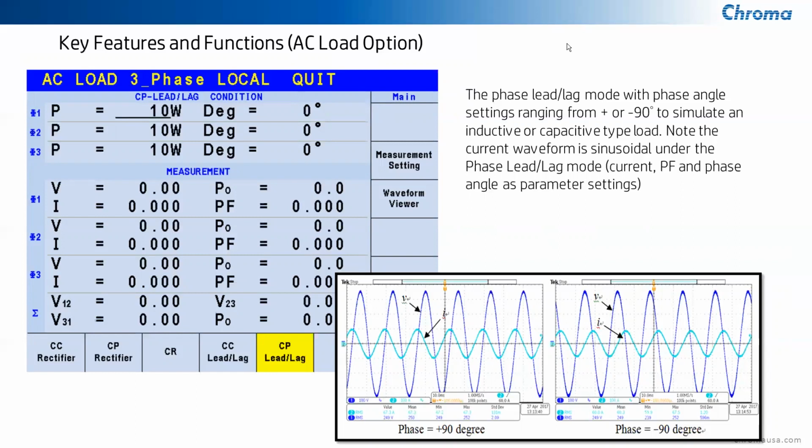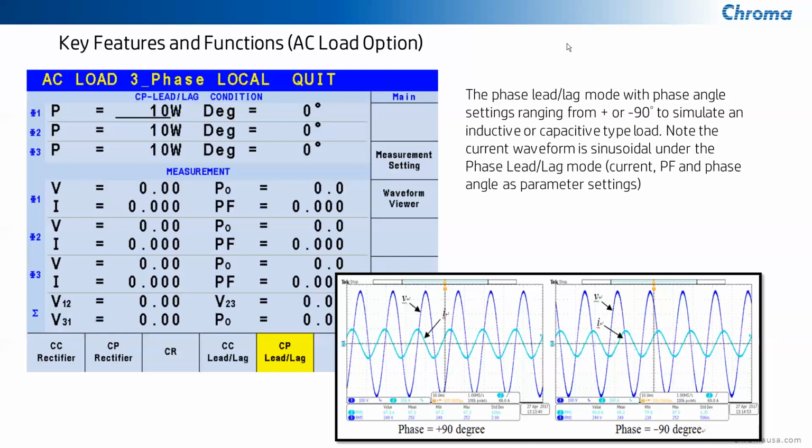If you have a non-regenerative load, or a load that doesn't operate in all four quadrants, you wouldn't be able to do this, because here we actually are creating a current that's out of phase from your voltage when you're supplying power to us.